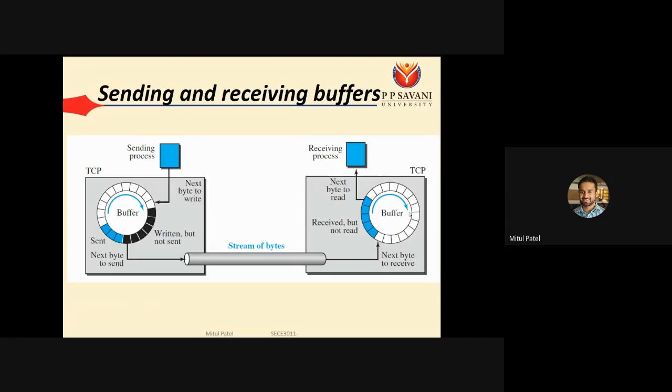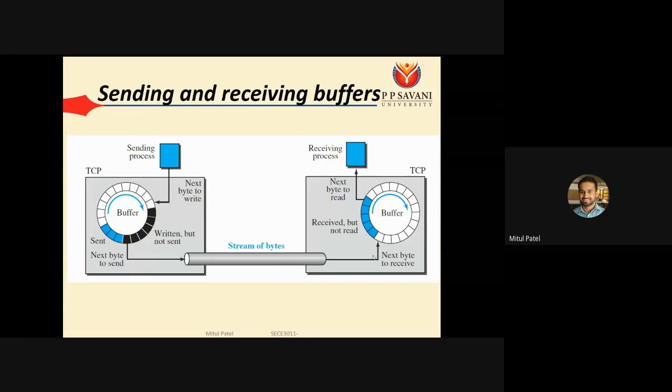At the receiving side, we have the same buffer of 20 bytes, but we require only two colors, the blue color and the white color. The blue color indicates the bytes that are already received and stored in the buffer but have not been read by the receiving process. The byte has arrived and is stored in the buffer, but the receiving process has not read it yet, so that is mentioned by this blue color.